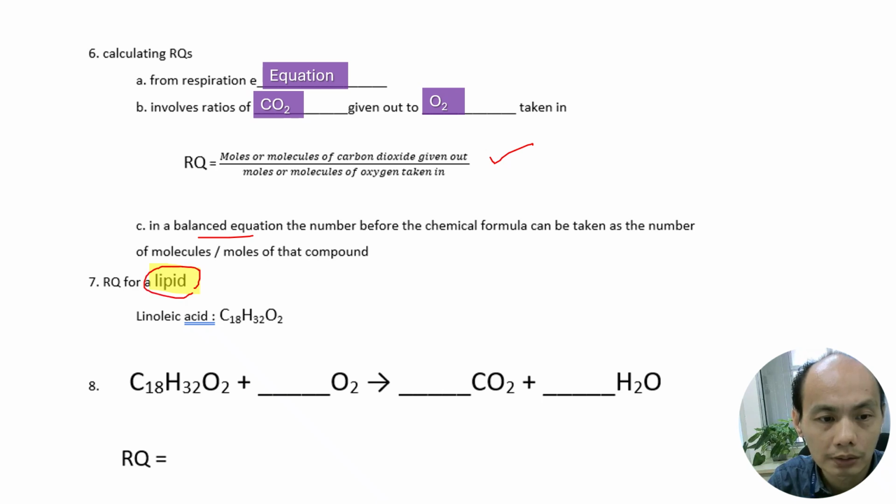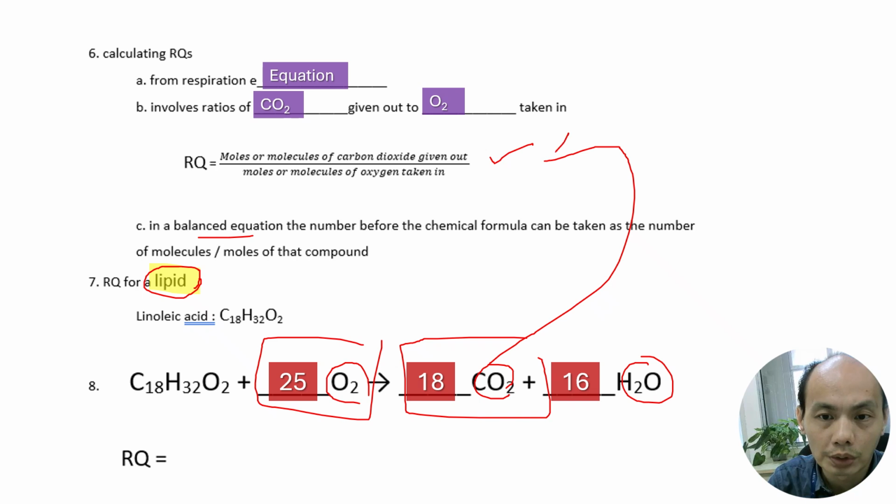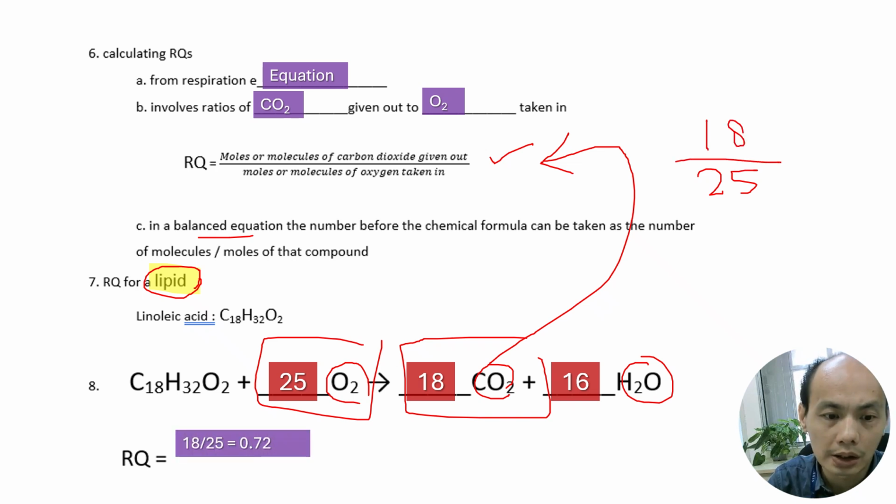For example, a lipid, this linoleic acid. Oxygen is being used, carbon dioxide is being produced, water is being produced, right? So you have to balance it. You take this number and this number and put them into the equation. Oxygen is at the bottom, so 25. Carbon dioxide released is 18, on top, right? So the answer is 0.72. So 0.7.